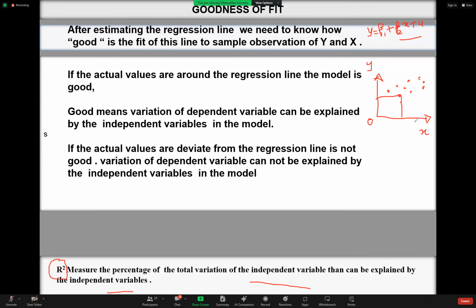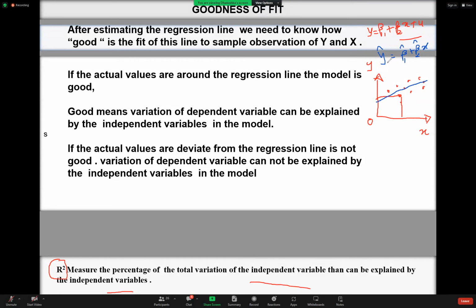This is the Y. And then let's assume we estimate the regression model. The model is something like this. We call this Y hat, the estimated value. Y hat is equal to beta 1 hat plus beta 2 hat X, that means the estimated values.